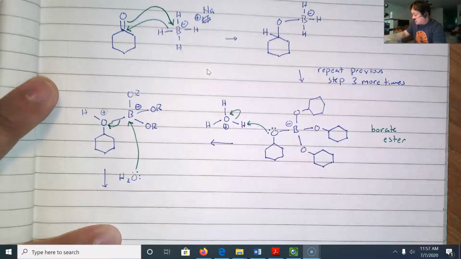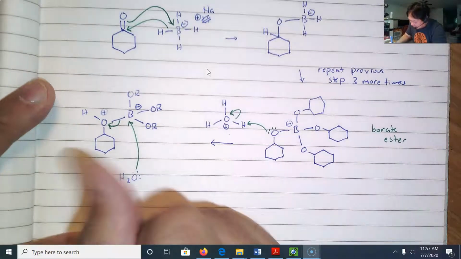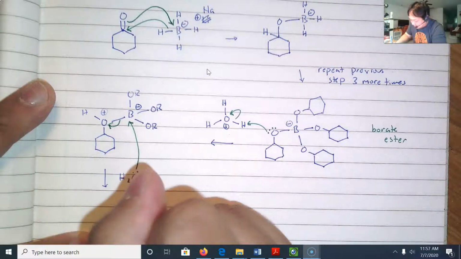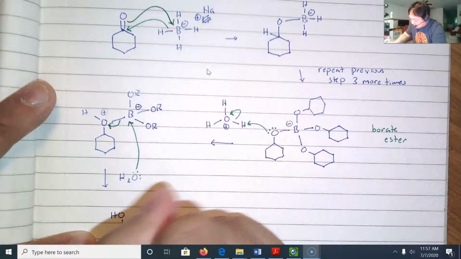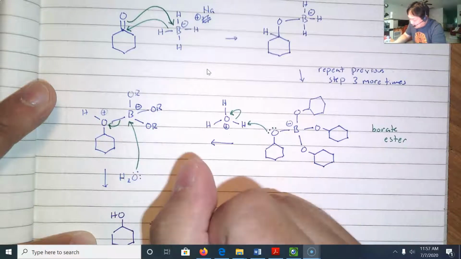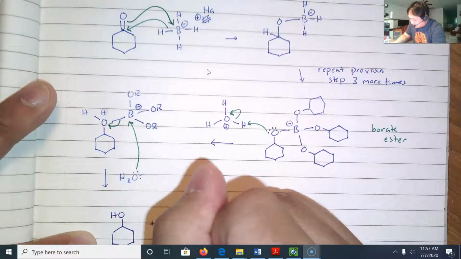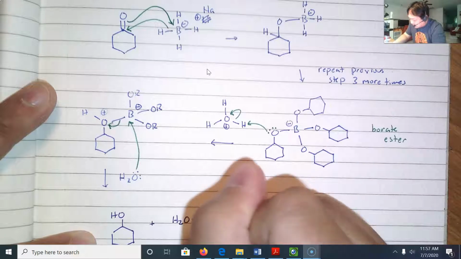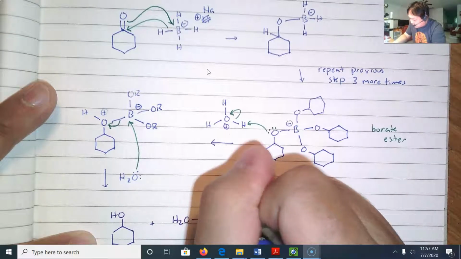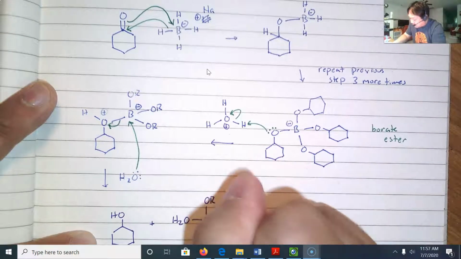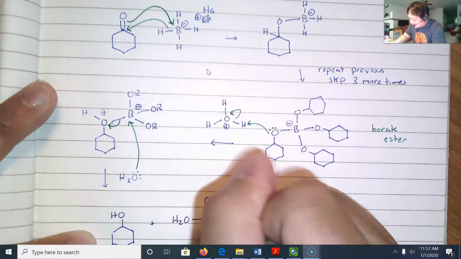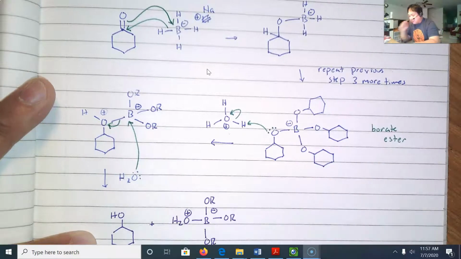We get this. We get our product, plus we have H2O stuck to boron, and we still have our 3 OR groups. So I know this is positive.